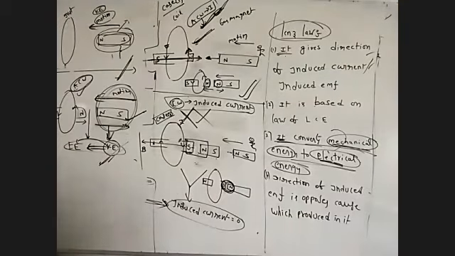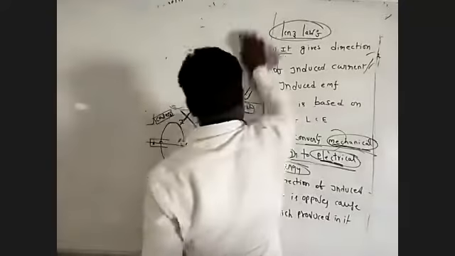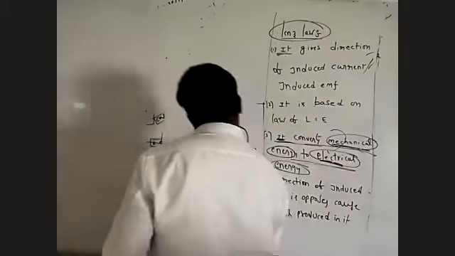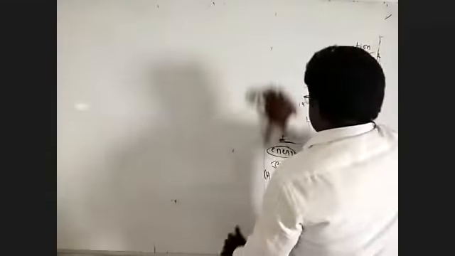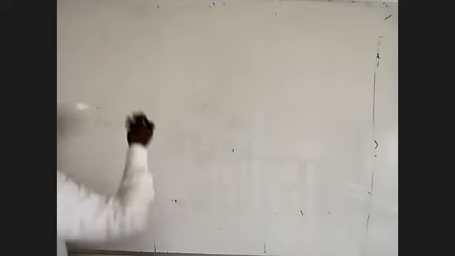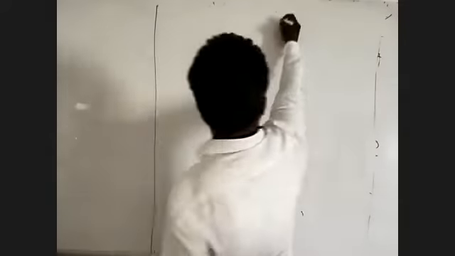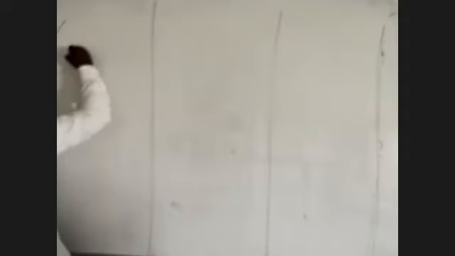Finally, what is our conclusion? This is a coil and a bar magnet, north pole moving towards it. The observer is standing here, and the current flows in the anti-clockwise direction.